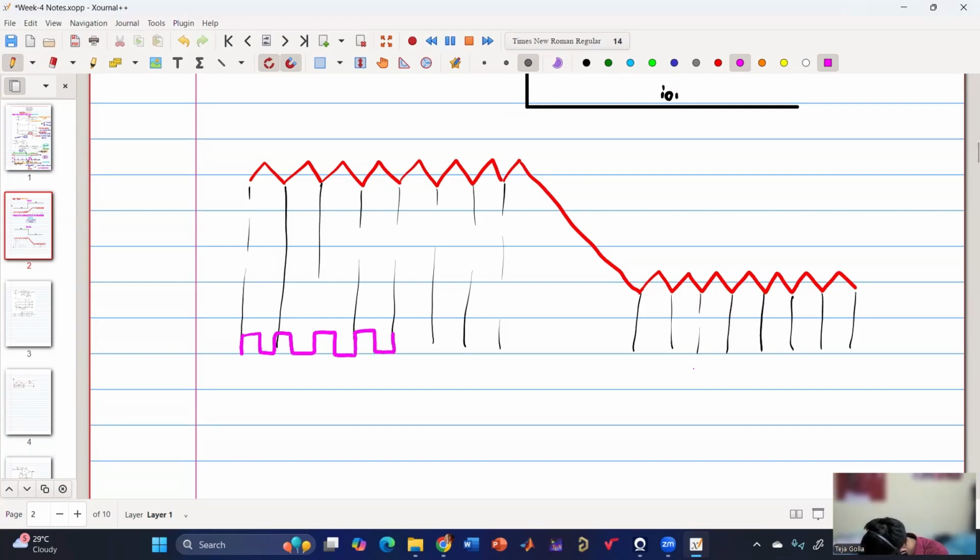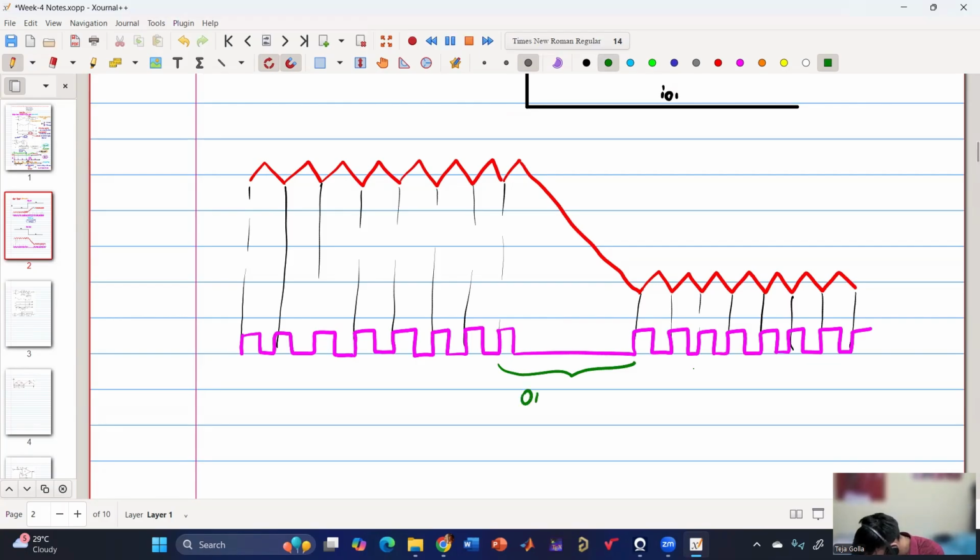So this is like a steady state. If you see in this region, off time is maximum, or I can say the frequency is minimum.